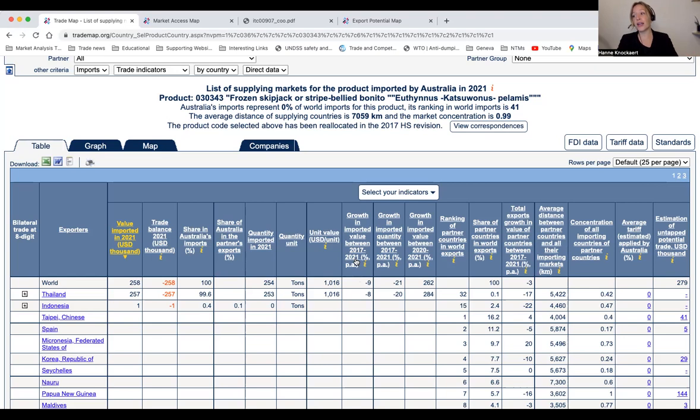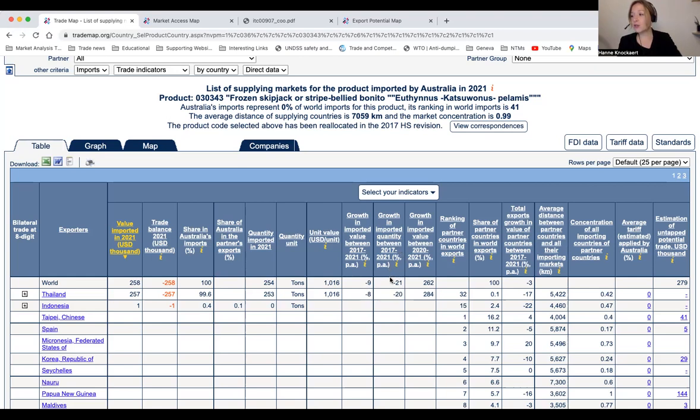This one shows you actually a lot about what happened to this product over the last 5 years. And we can see that in general, Australia's imports of this product have declined at 9% in general, and -8%, and with Indonesia probably something similar. So its imports are declining overall.